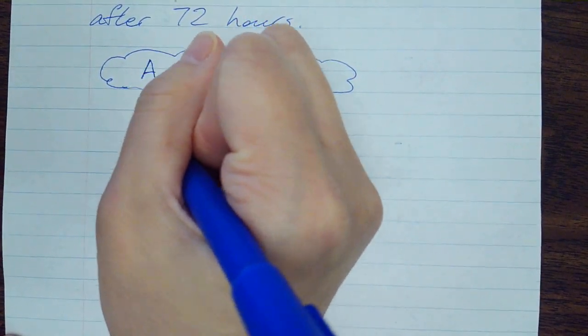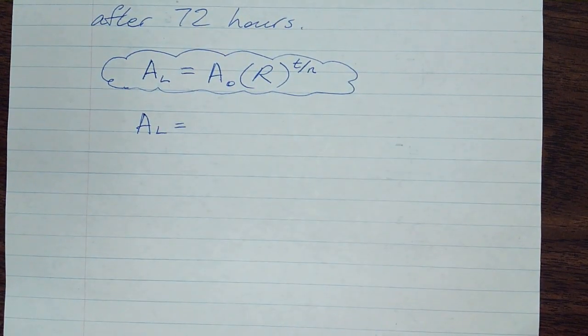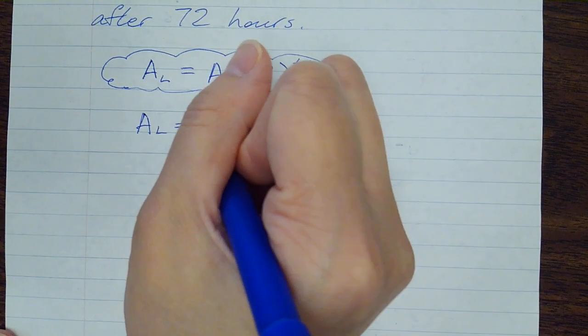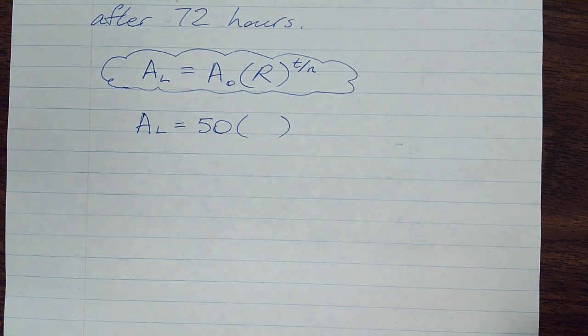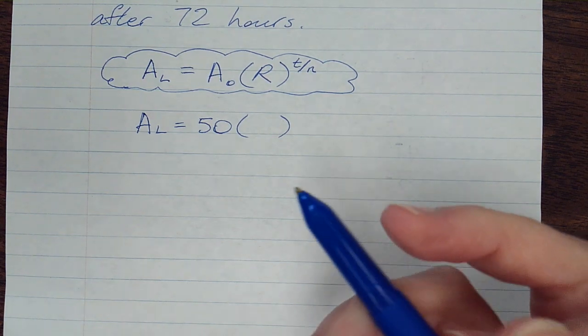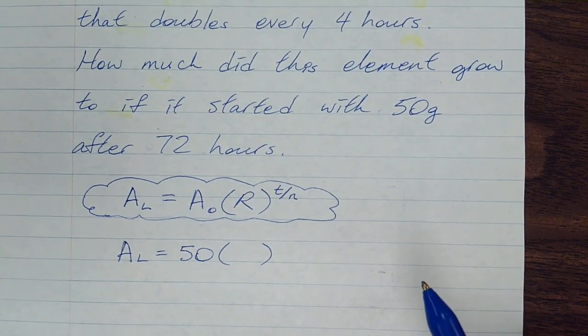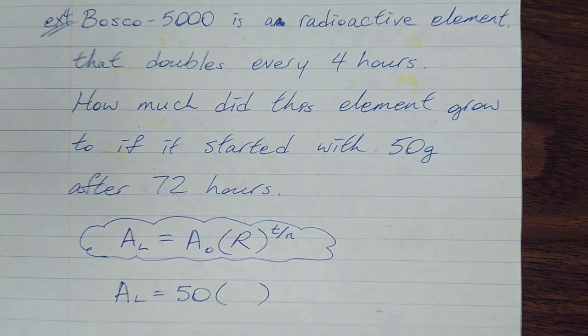So I want to figure out how much is left. Okay. So Bosco, how much did you start with? Yep. What's the rate of change here? What's the rate of change?